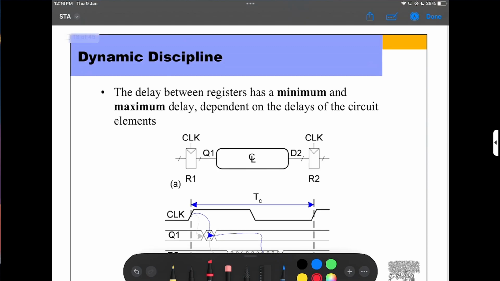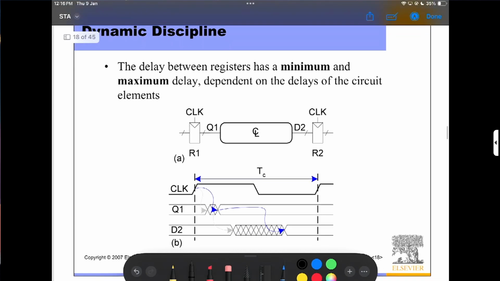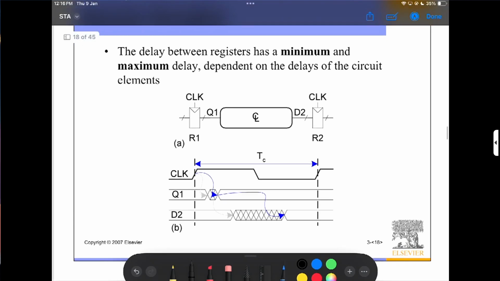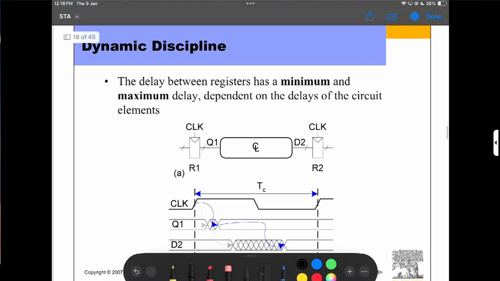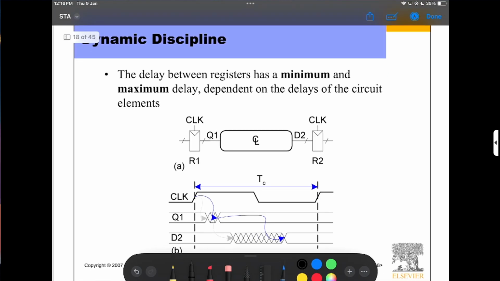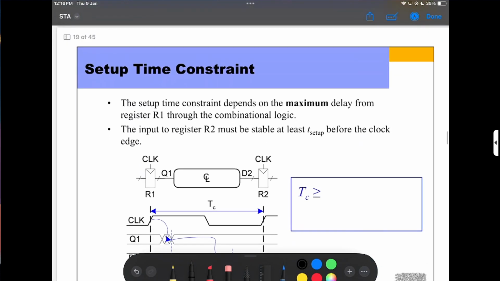Now we come to the timing analysis. The delay between registers has a minimum and maximum delay depending on the delays of the circuit elements. So here is R1 and here is R2.